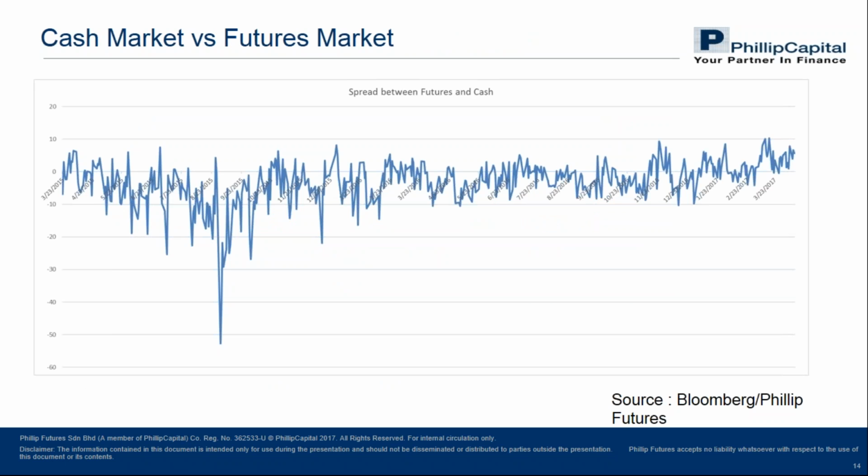Here, what I did is to compare the cash market of KLCI, which is the spot market, against the futures market, the KLCI index futures, which is listed under Bursa Malaysia Derivatives, and you are able to trade via Phillip Futures. You can clearly see the difference between both, which we call the spread or basis, and there was a sharp increase back in 2015, but on average it should be between 10 and minus 10 points.